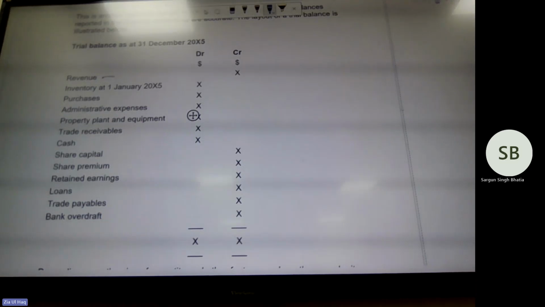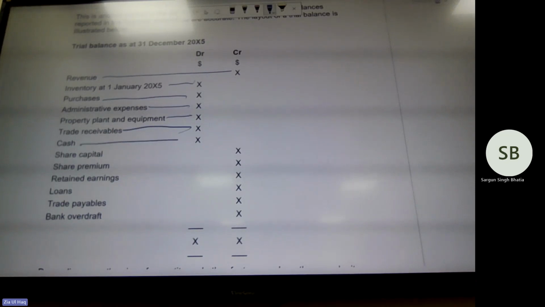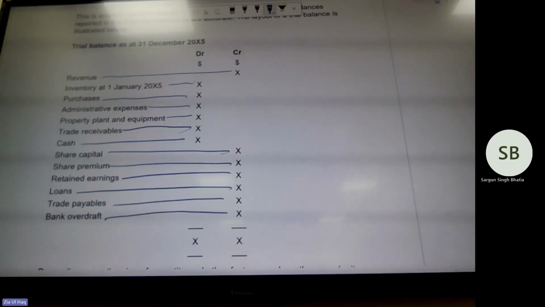Suppose revenue has a credit balance, inventory has a debit balance because it is an asset, purchases, an expense, have a debit balance, admin expenses have a debit balance, property, plant and equipment, an asset, has a debit balance, trade receivables, an asset, have a debit balance, cash, an asset, has a debit balance. Share capital, share premium, retained earnings, loans, trade payables and bank overdraft are liabilities with credit balances. And then this is the total.